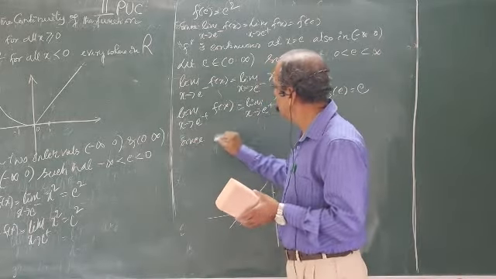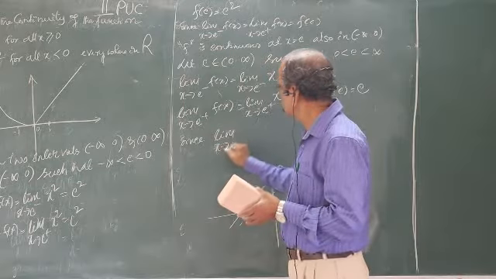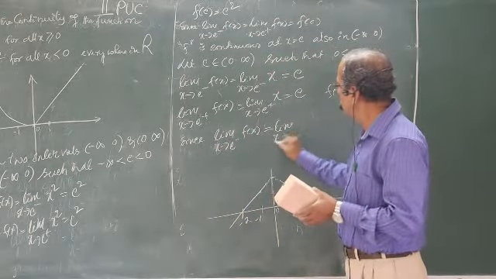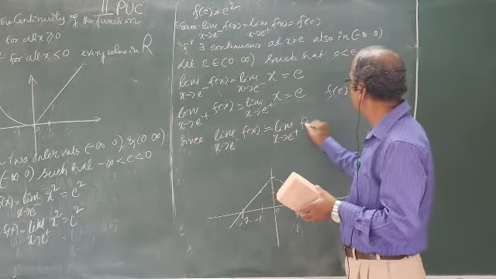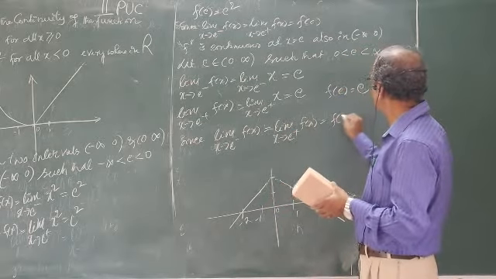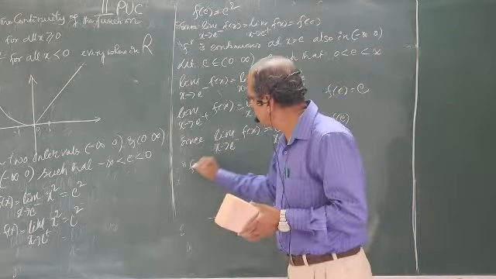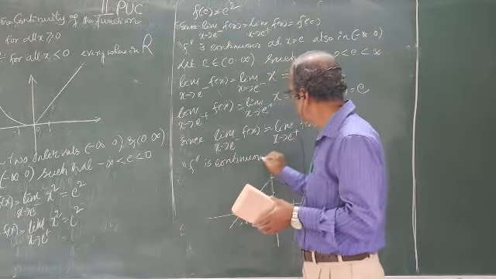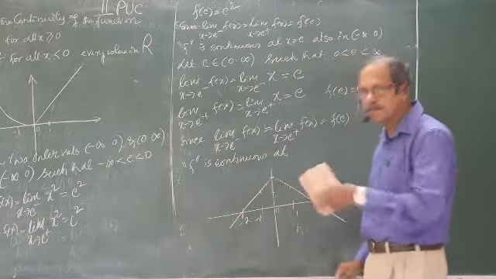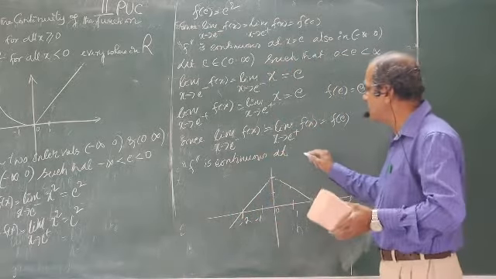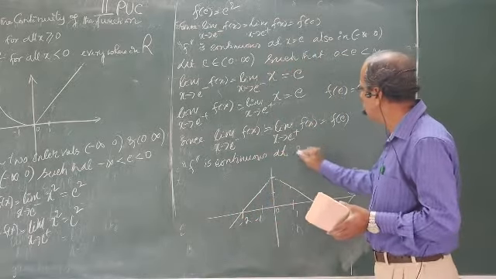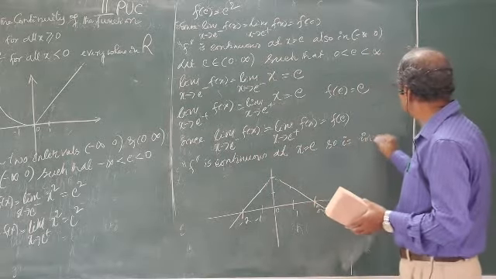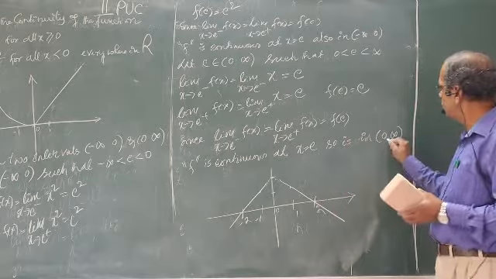Since limit x tending to c minus f of x, limit x tending to c plus f of x equal f of c, f is continuous at x equal to c, so is in the interval 0 to infinity.